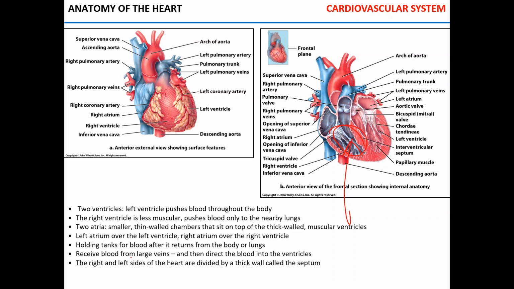Blood goes from the right ventricle into the pulmonary trunk and then into the pulmonary arteries. When blood enters the pulmonary trunk from the right ventricle, it has to go through so-called pulmonary valve, which is one of two semi-lunar valves.